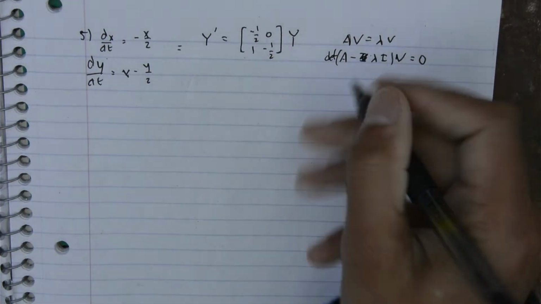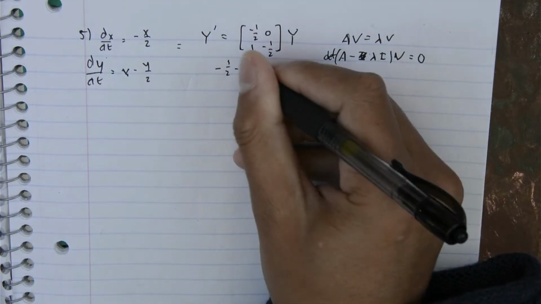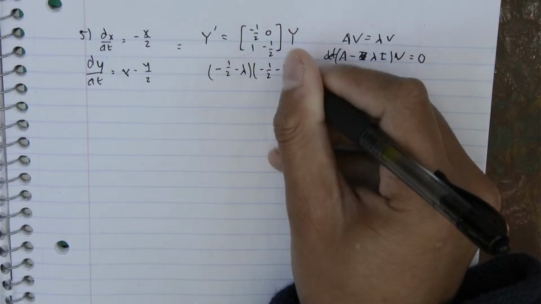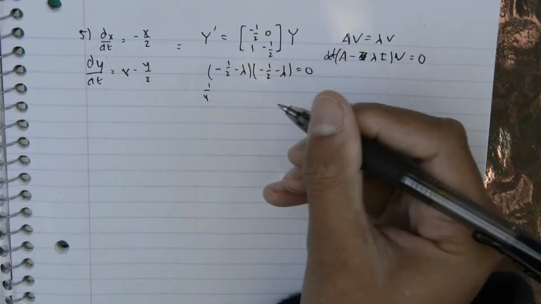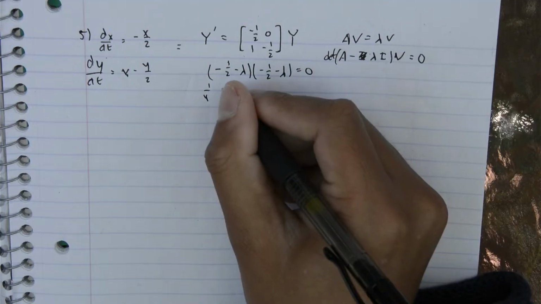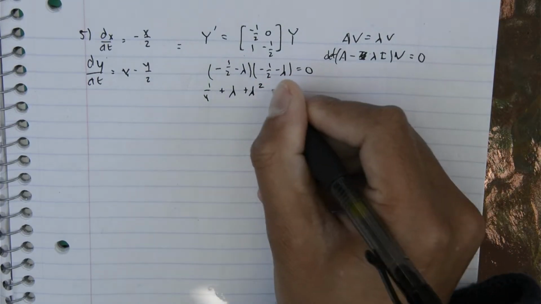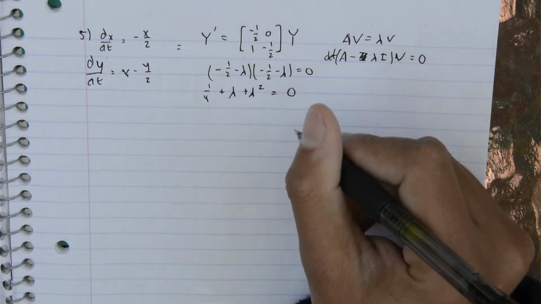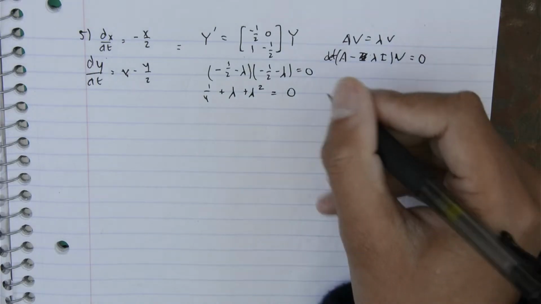Okay, so we just need to do minus 1/2 minus lambda times minus 1/2 minus lambda is equal to 0. So we're going to get 1/4 plus lambda squared is equal to 0. Is that right?